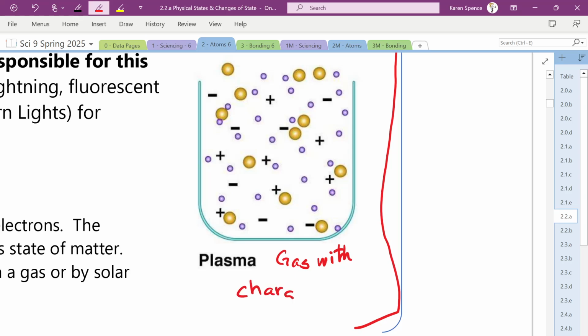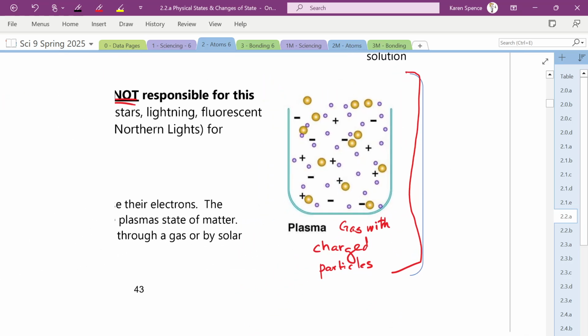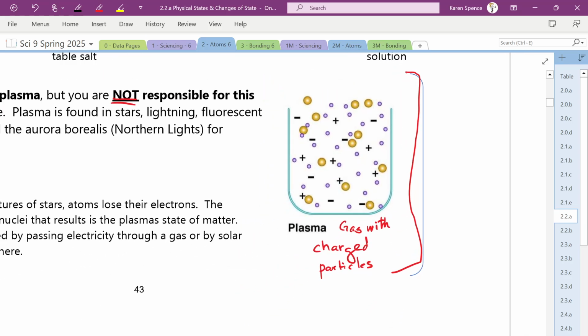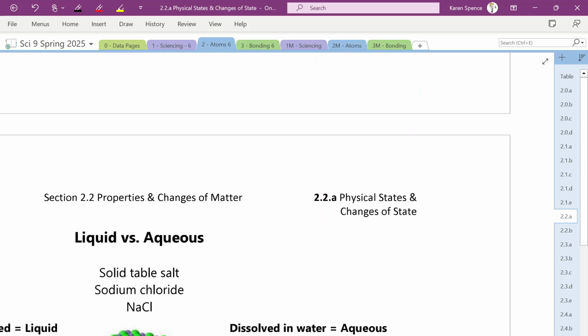Charged particles. Okay? And it's really hard to get plasma in the science classroom. All right? So we don't deal with it very much. So that's why we don't worry about it too much.